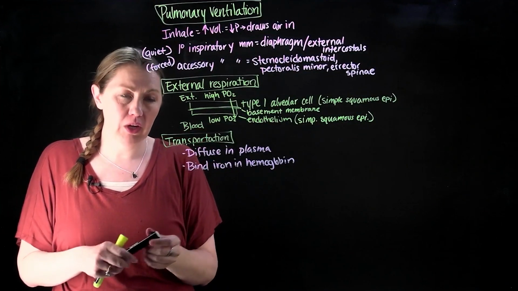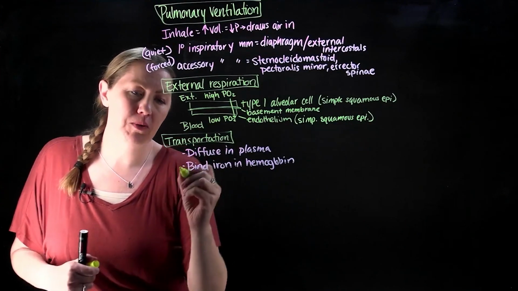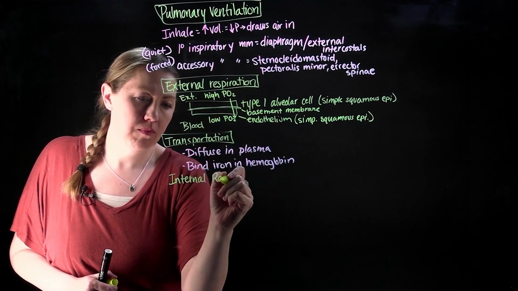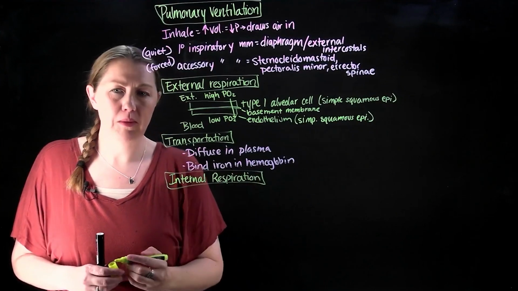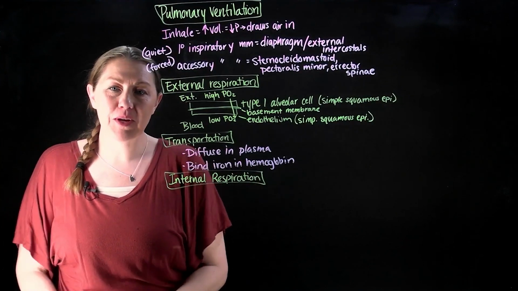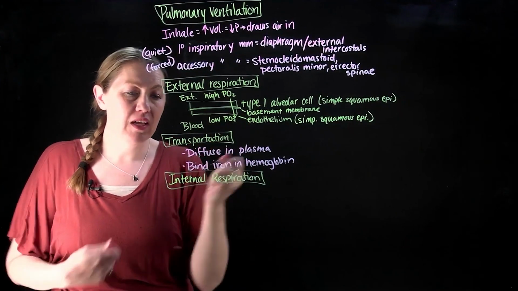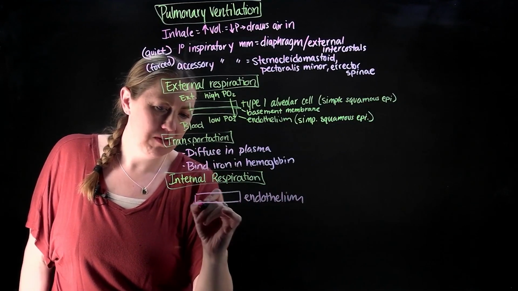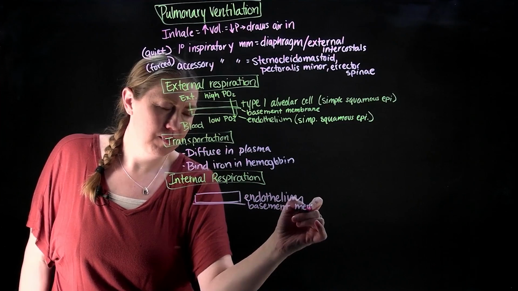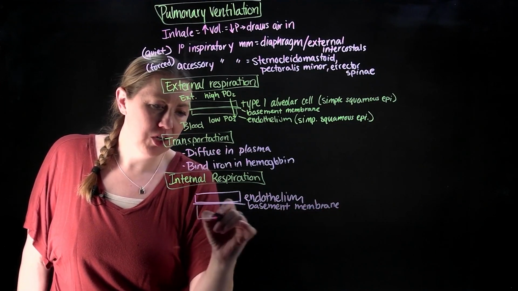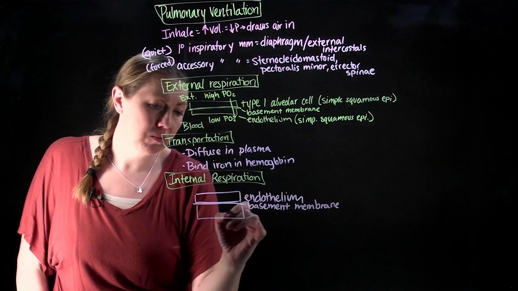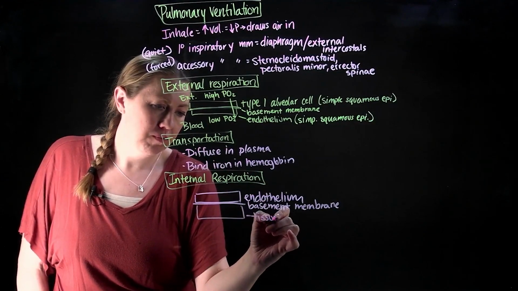So now we are going to do internal respiration. Respiration here is when we're crossing membranes. With internal respiration, we're doing the same thing. We're crossing an endothelium. There's a basement membrane, and then there's a tissue on the other side. This cell can be a variety of different things, depending on the tissue you're going to, so we'll just say tissue cell.